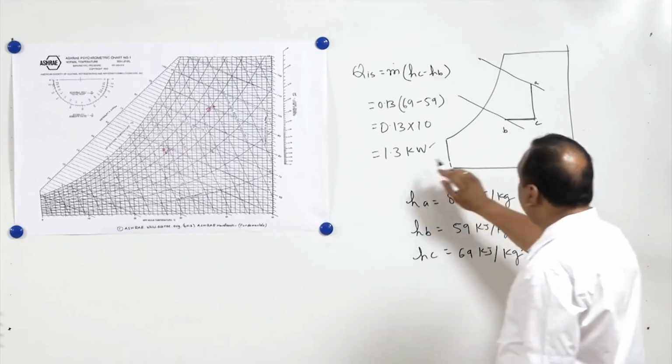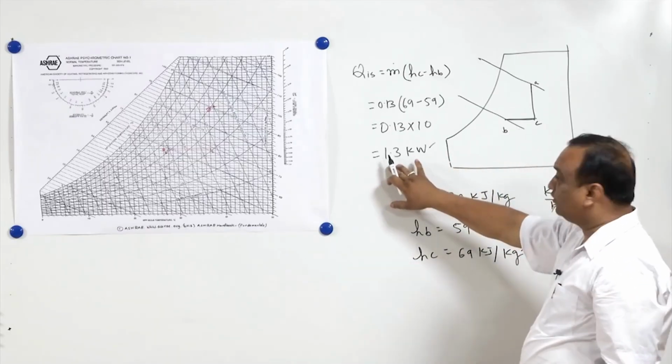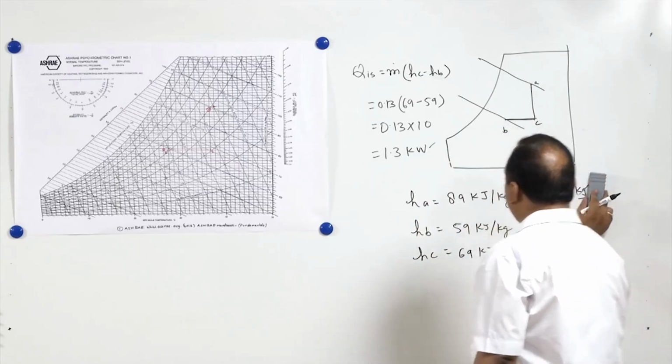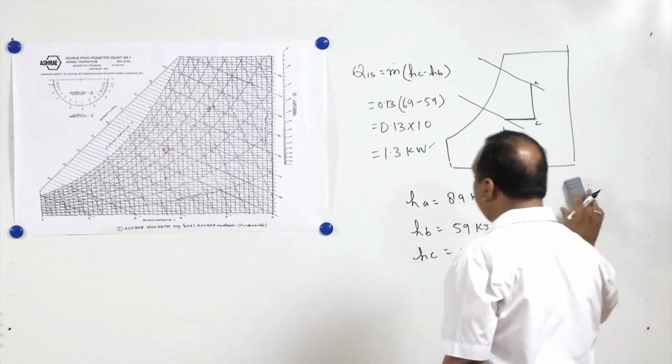So the heat which is coming into the room is approximately 1.3 kilowatts as sensible heat.